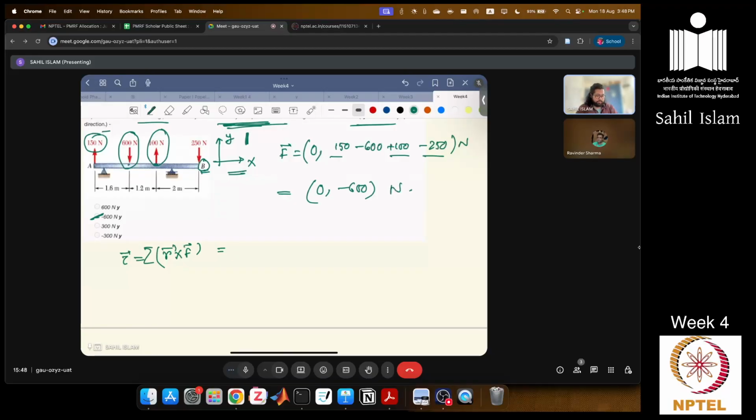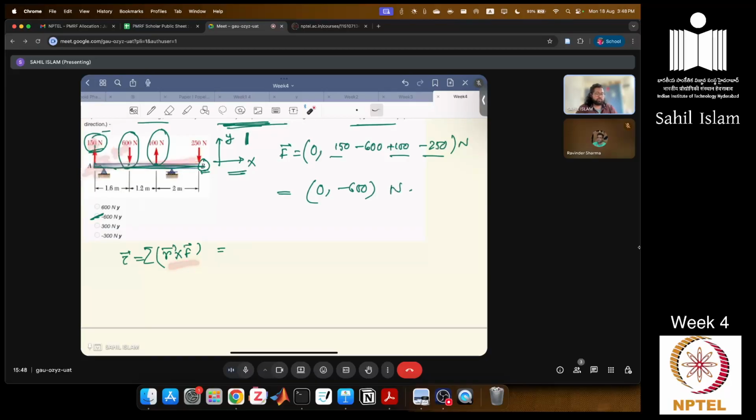For this first 150 Newton, you have to take the whole length, okay, and the vector from B to this joining point will be along this direction, and the force is along this direction. So always the sine theta will be 90 degrees, right?